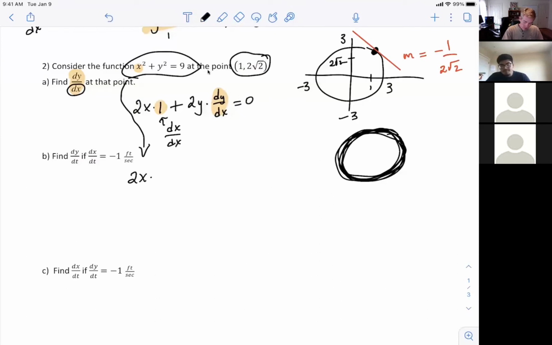But now that we're taking the derivative with respect to t, it's going to be take the derivative of x with respect to t. And then moving on to the y squared, it's going to be 2y, and then take the derivative of y with respect to t. And the derivative of 9 is still 0.